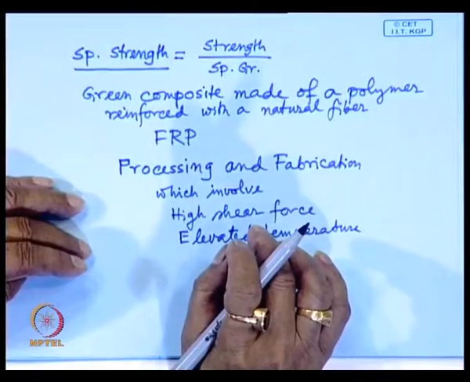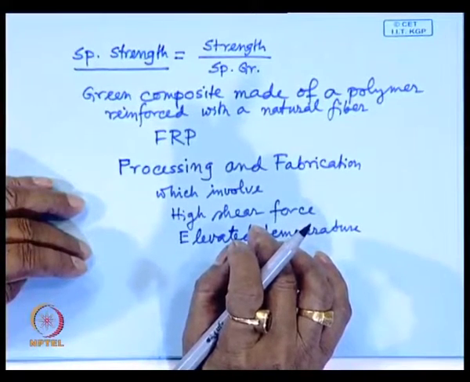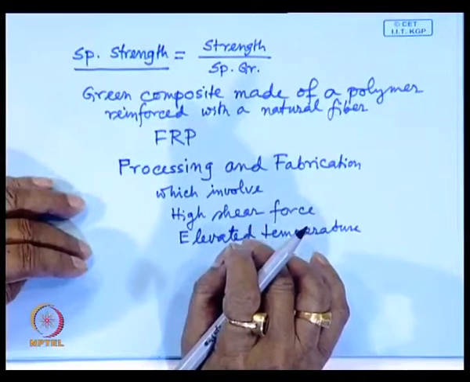So, those processing machineries are, say, an internal mixer or a polymer blender or a two-roll mill for making the polymer compound, or a polymer kneader to make a polymer compound.